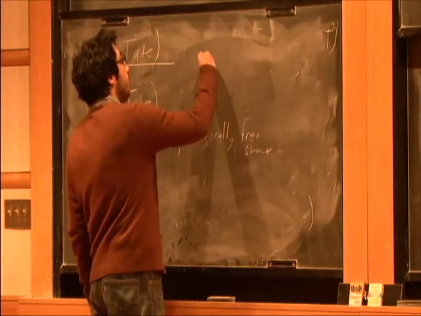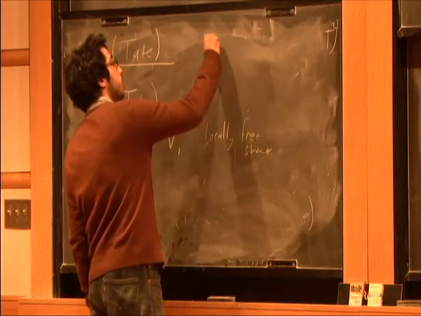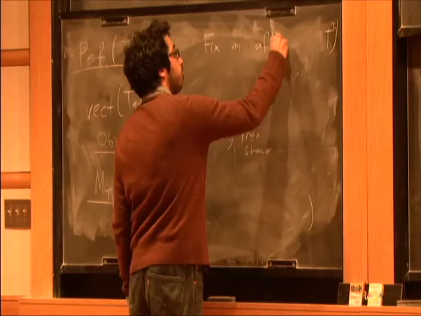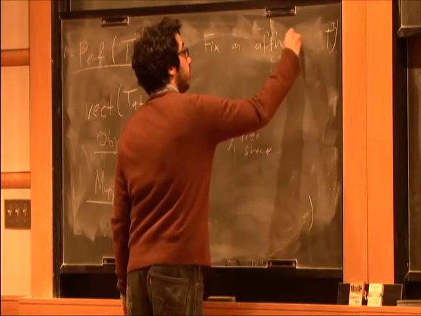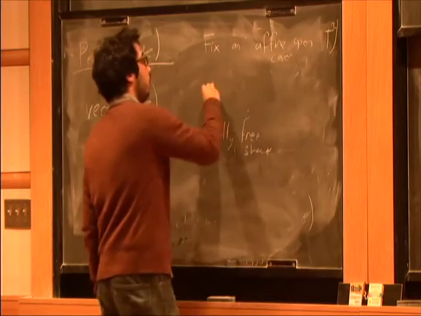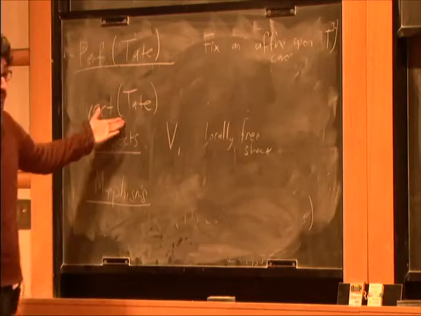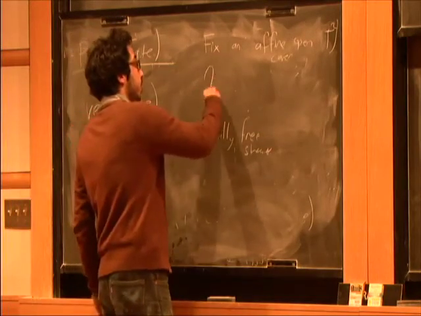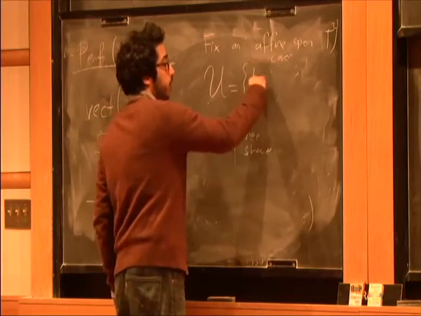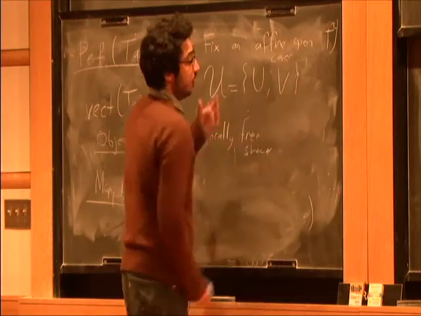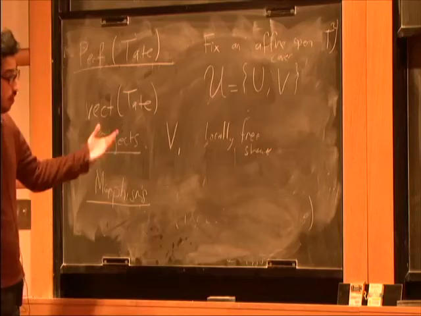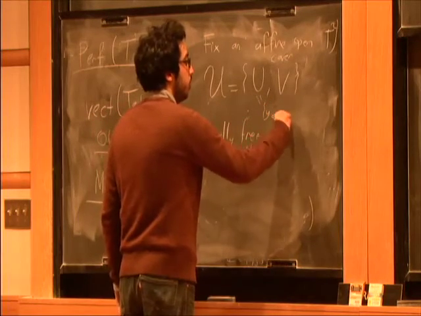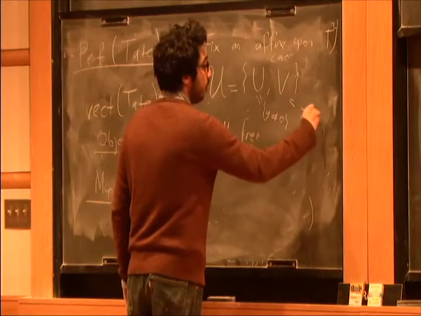So I'll fix an affine open cover. In the case of this specific elliptic curve, it's a two-set cover. I'm free to choose any cover, but I'll work with an explicit cover. So this will be y not equal to 0, and this will be z not equal to 0.